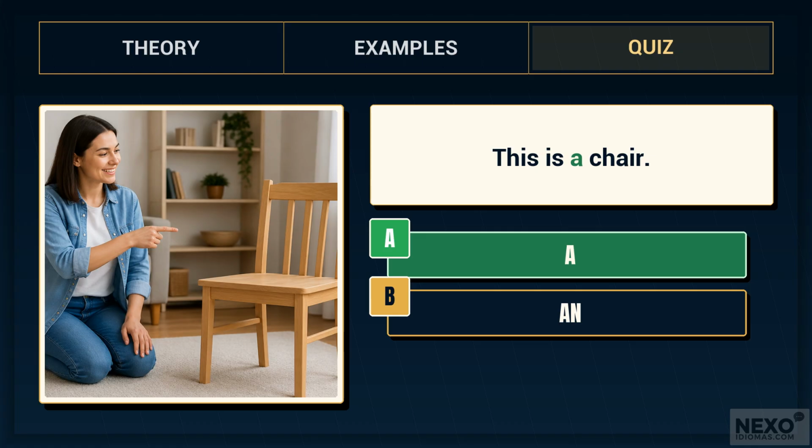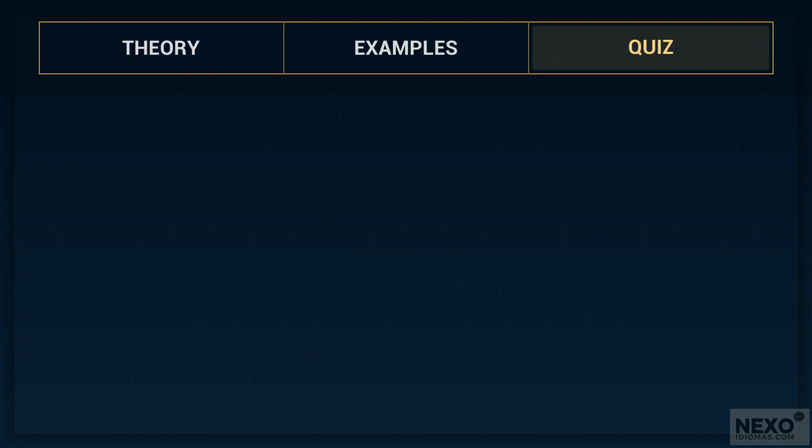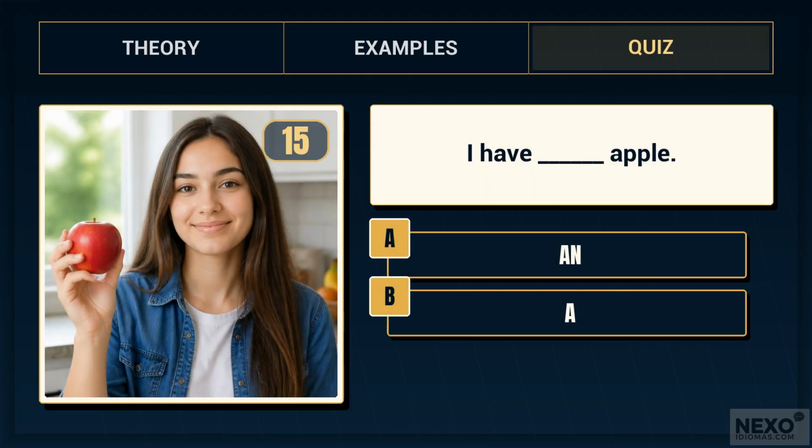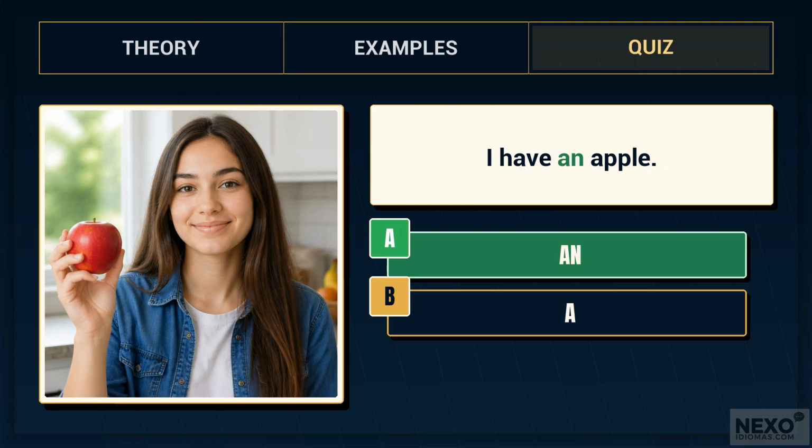This is a chair. Choose an option. An. I have an apple.